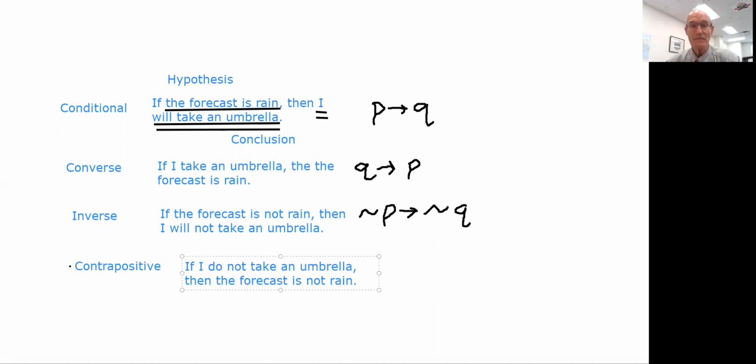And this one in symbolic form would be not Q implies not P.